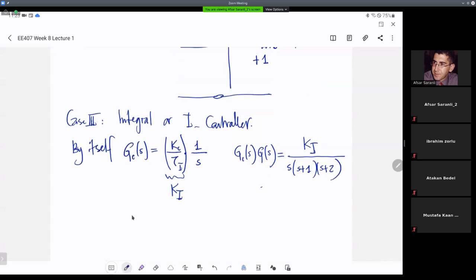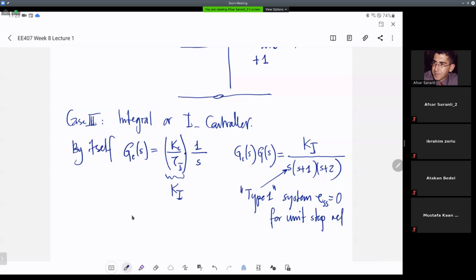The most obvious effect of this is that now we have a type 1 system. So for a unit step reference, ESS equals 0.